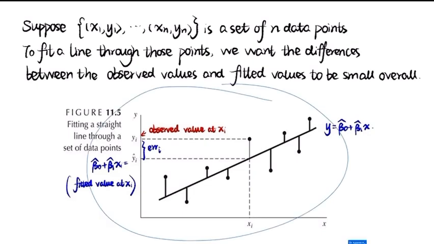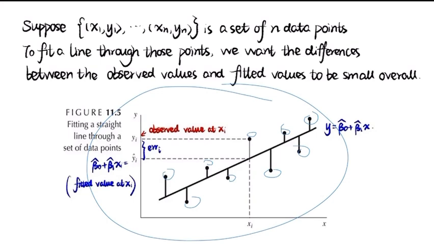Now, we're going to generate what I call the line of best fit. It is not going to be that all the points are on the line. As you can see here, the points are all scattered away from the line. But we're going to draw the line in such a way that the points are as close to it as possible, and by the time we do that, we're going to call that the line of best fit.